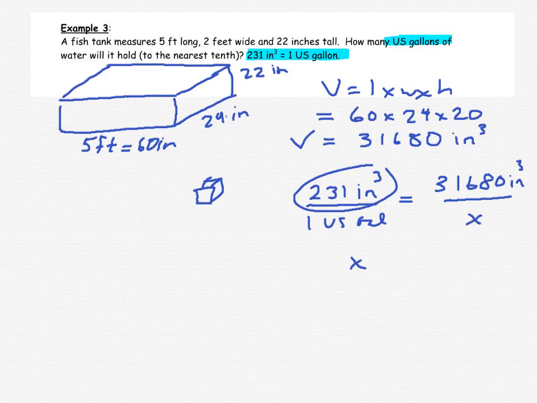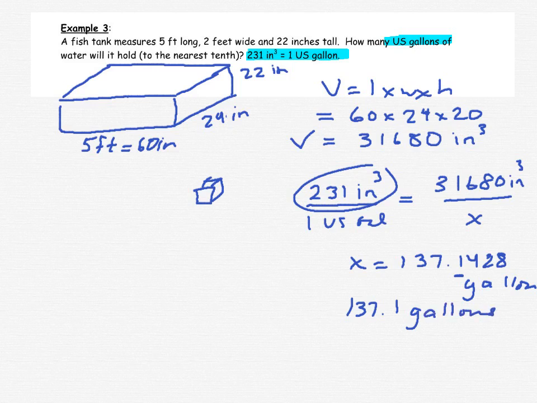You're going to get a calculator answer of 137.1428, and that is of course in gallons. The question specifically said round to the nearest tenth, so it's going to be 137.1 gallons.